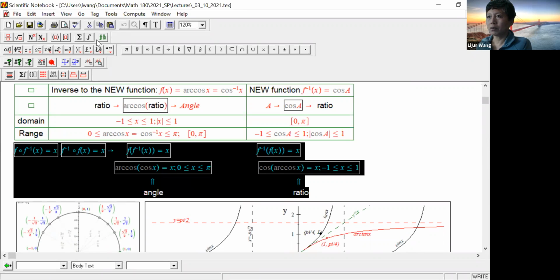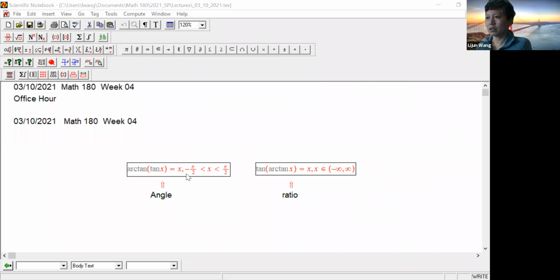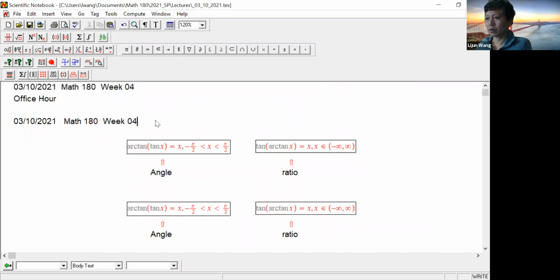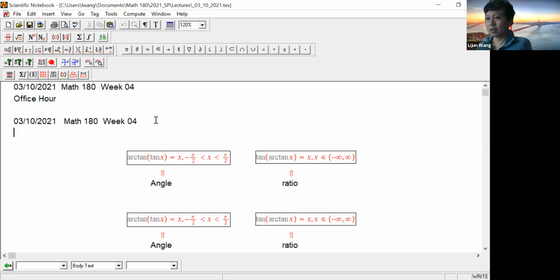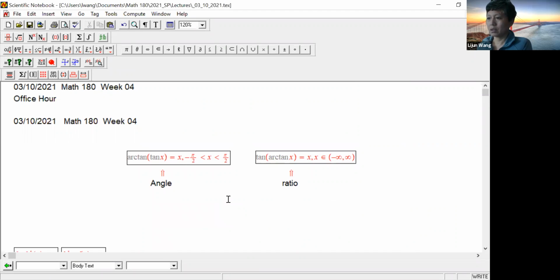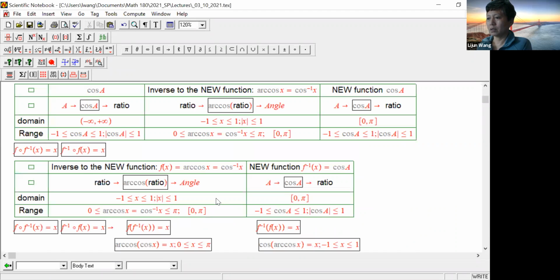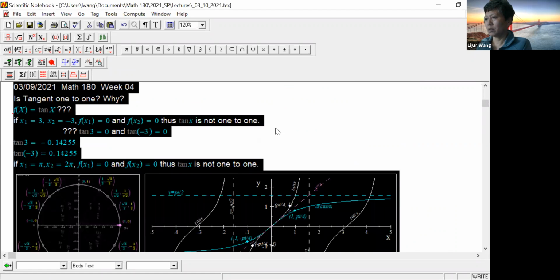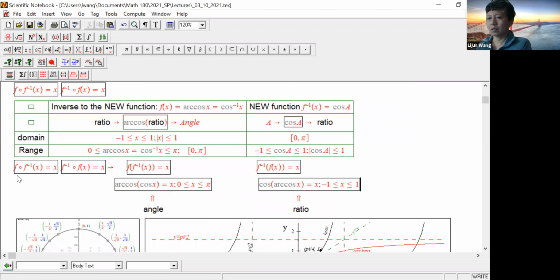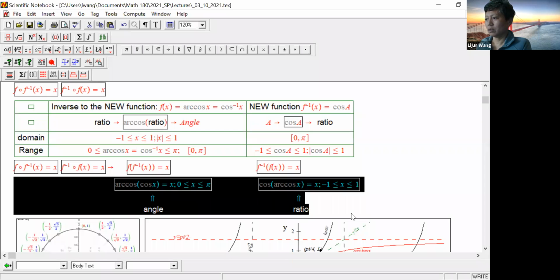Okay, so I'm going to copy and paste some stuff and put it on the top. Of course, I'm going to trim it. Oh wait, why did I copy that again? Tangent. Okay, here. Sorry. Over here. Copy.